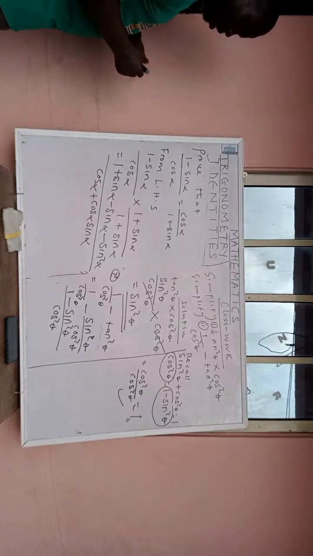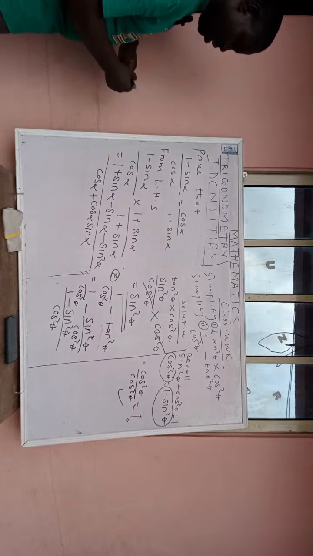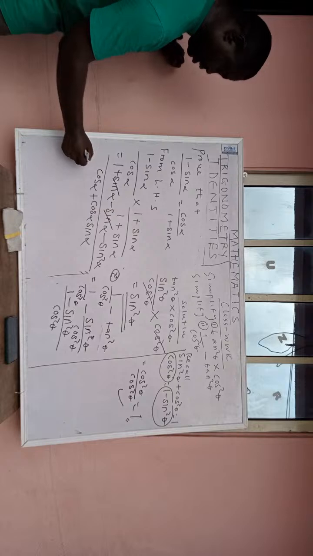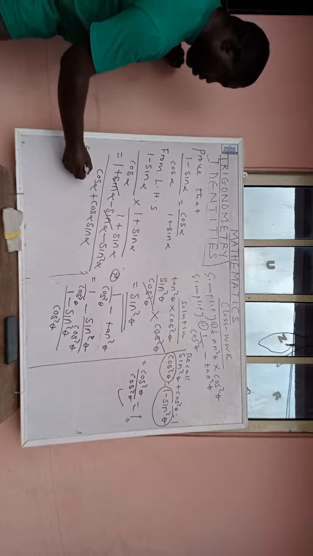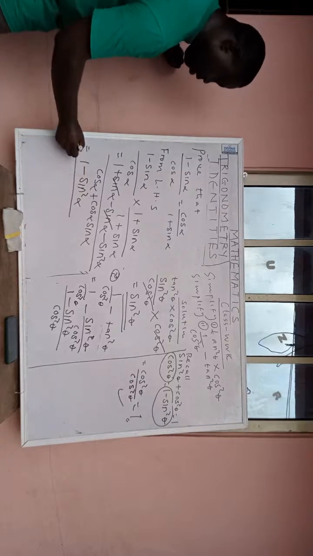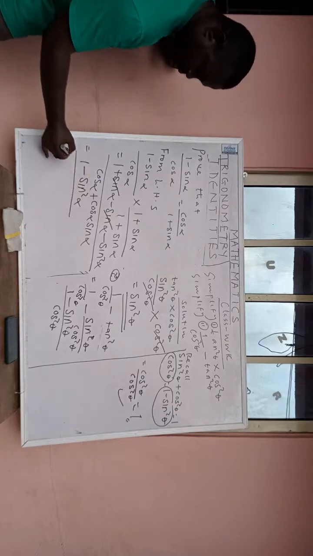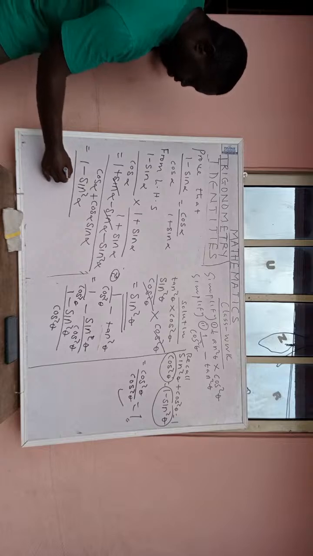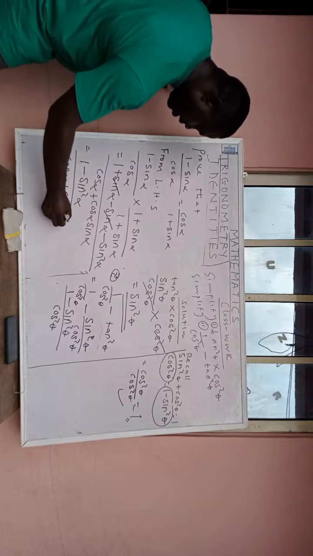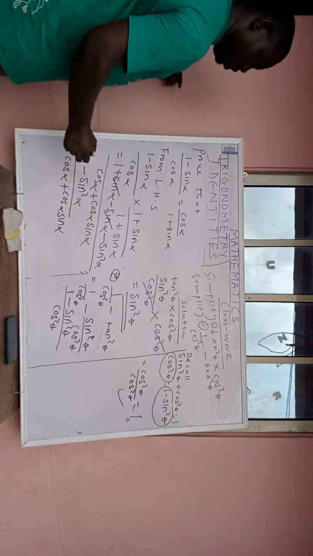Okay, so now for what we have here, you know that this will cancel this. Obviously, you know that. So we have 1 minus sine square alpha over cos alpha plus cos alpha sine alpha. Thank you.